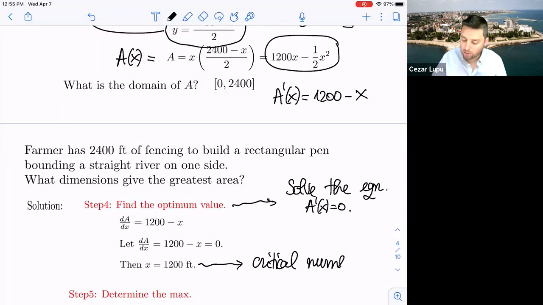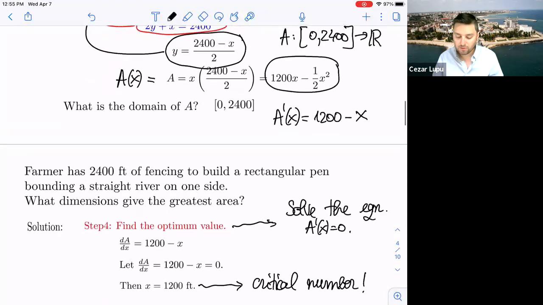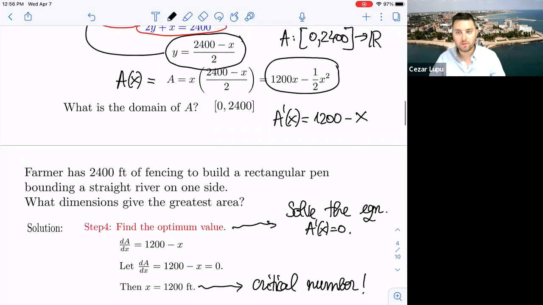But remember how do we determine the relative min, relative max? Remember that this function is defined on this interval, you see? It's defined on the closed interval 0, 2,400 in real value. So what do we need to evaluate? We need to evaluate A at what points?